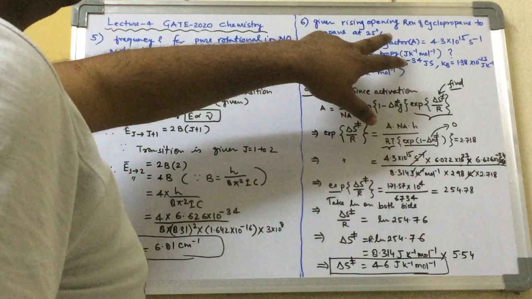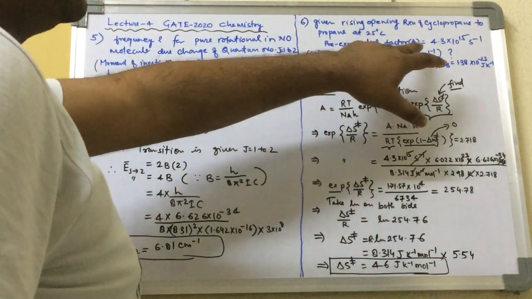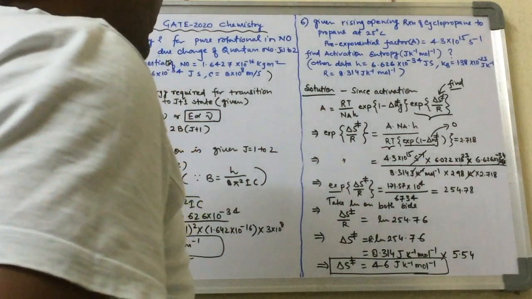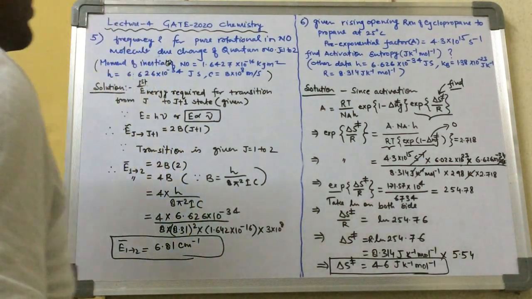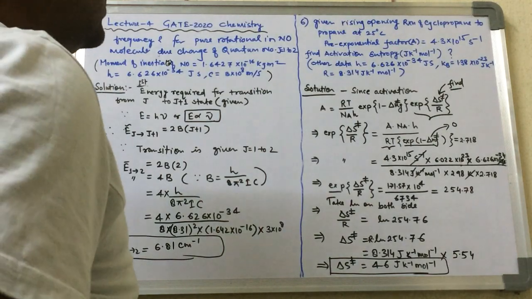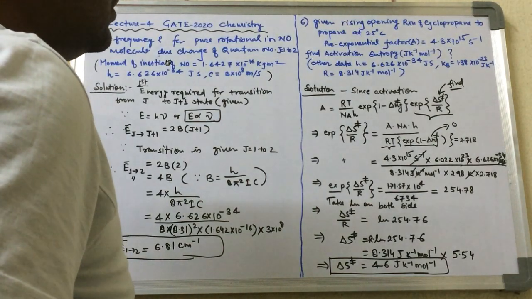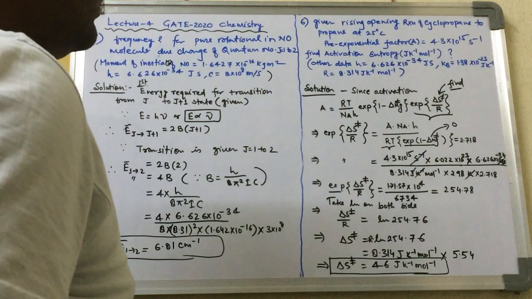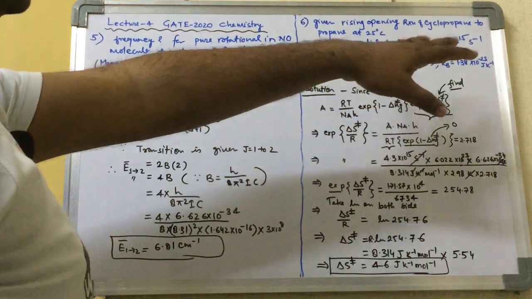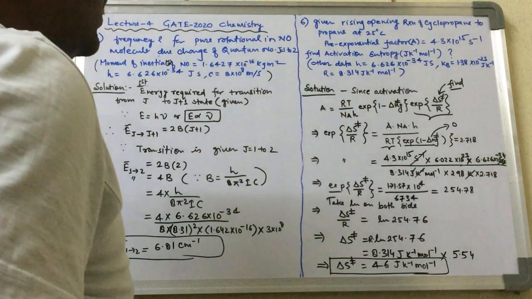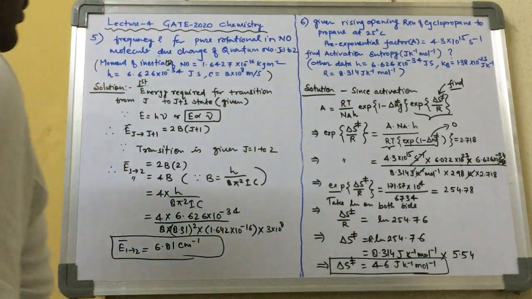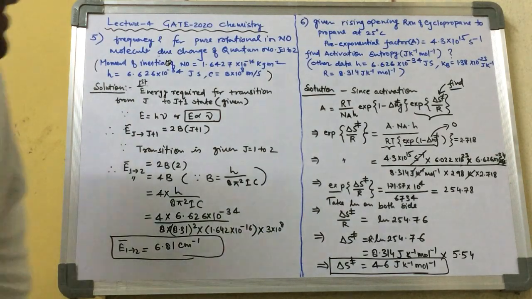And here given the pre-exponential factor A 4.3 into 10 to the power 15, and here we have to find the entropy, which is in joule Kelvin inverse mole inverse. Some other data: Planck constant, Boltzmann constant, gas constant R value are given. So we have to find activation entropy.